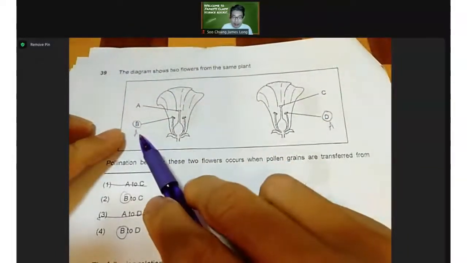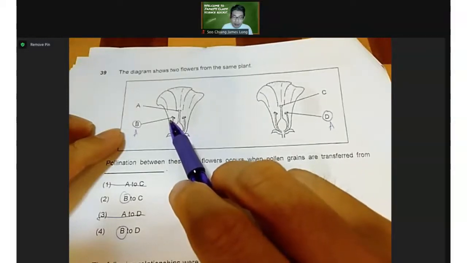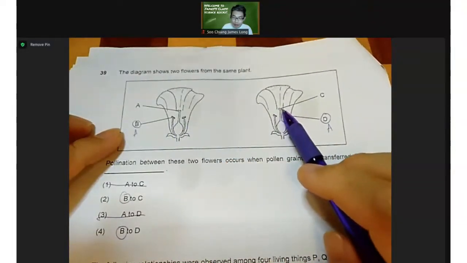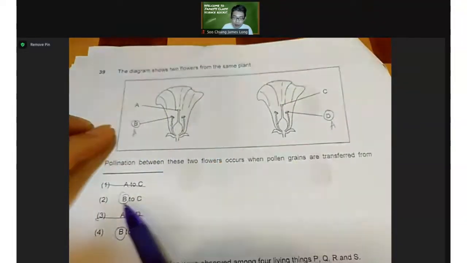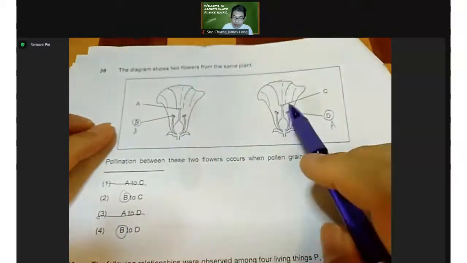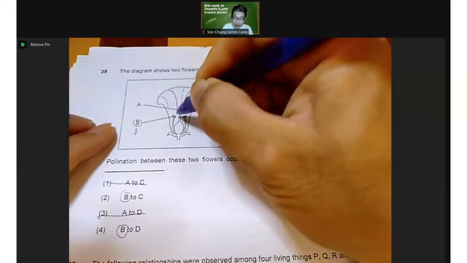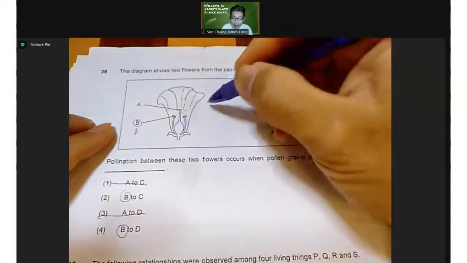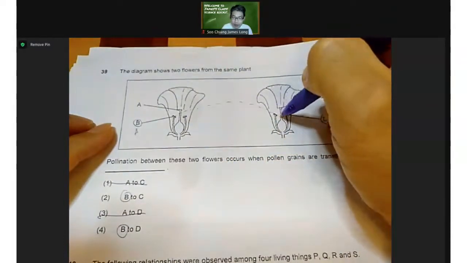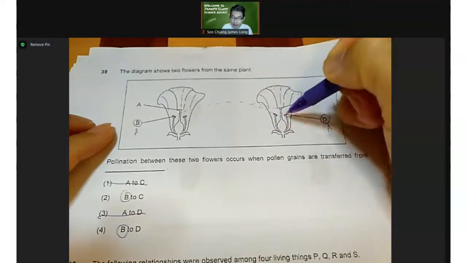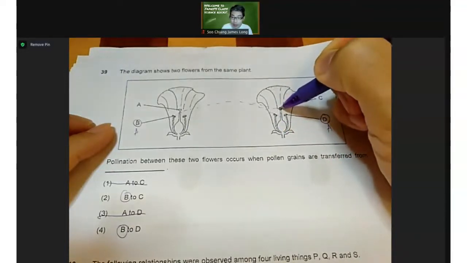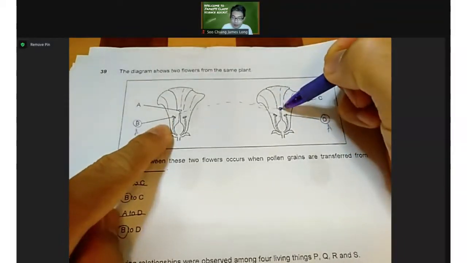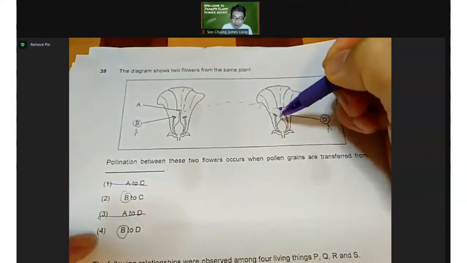And if this is the anther, the pollen grains will be transferred from B to C or B to A. There's no B to A, but there's B to C. So an insect comes over here, rubs its body on the pollen grains as it reaches out to get the nectar, flies over to the next flower to get more nectar, and then its body brushes against all the parts here, including the stigma. And that is when the pollen grains from part B get transferred over to the stigma here. So the answer for this is number 2.